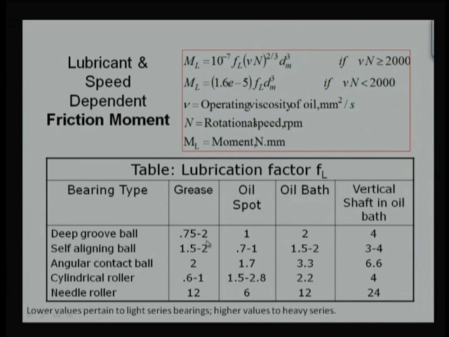Why has this range been given? Whenever we talk about a light duty bearing, when the diameter is smaller and the width is smaller, we will choose a lower value. When we talk about the extreme size of this deep groove bearing, the largest outer diameter and width, then we'll take the higher value of 2.